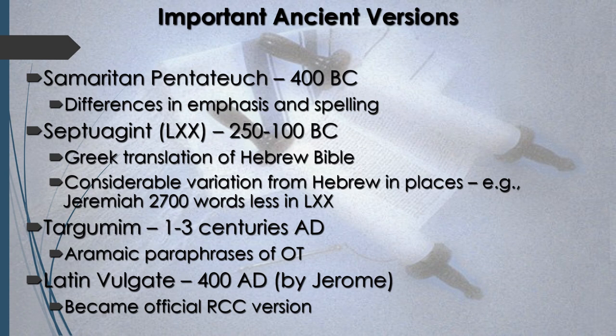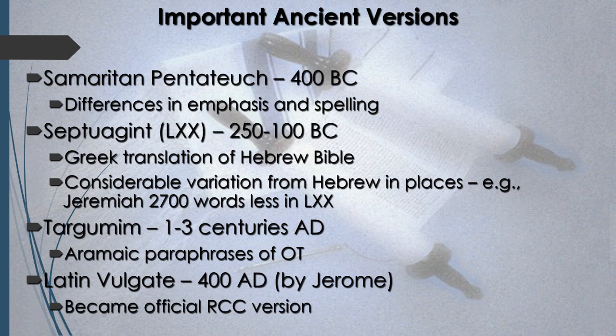Then we have the Targumim, or the Aramaic Targums, and they are collections of writings based on the Old Testament. They date from the early Christian era, though parts of it are possibly earlier. This comes from a time when most of the Jewish people understood Aramaic better than Hebrew, and they often provided common interpretations to the Hebrew text.